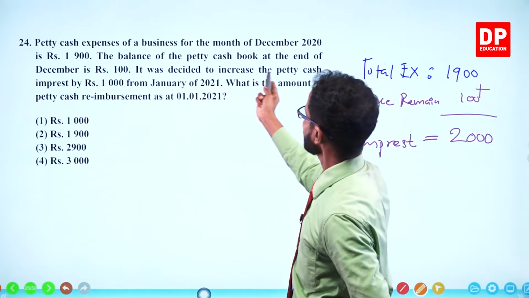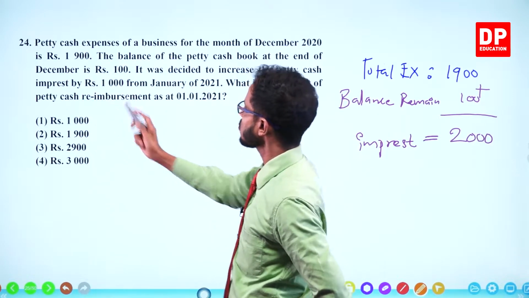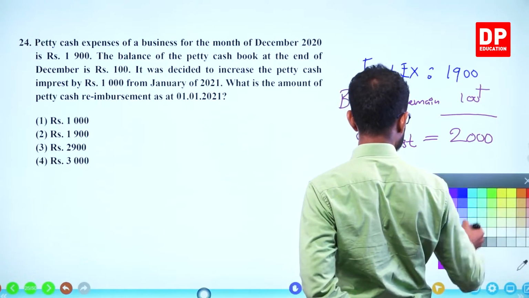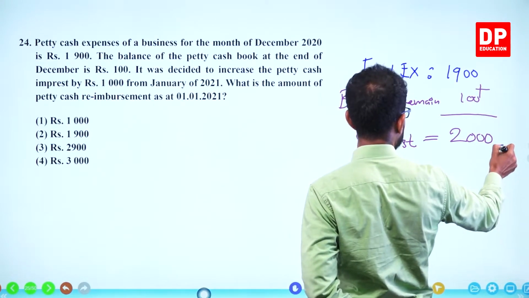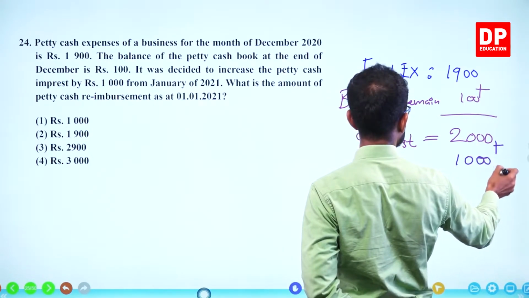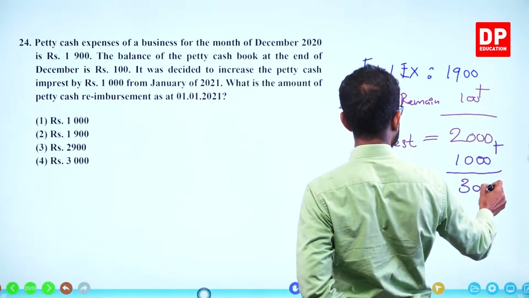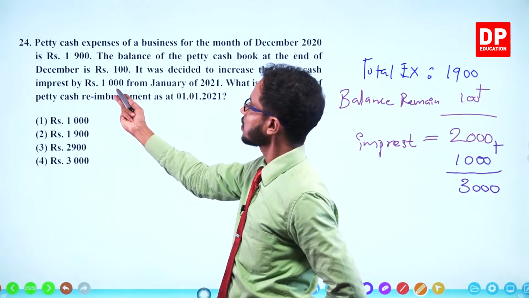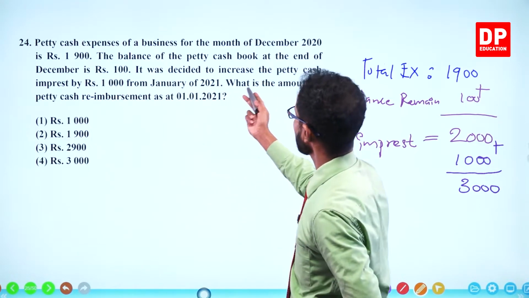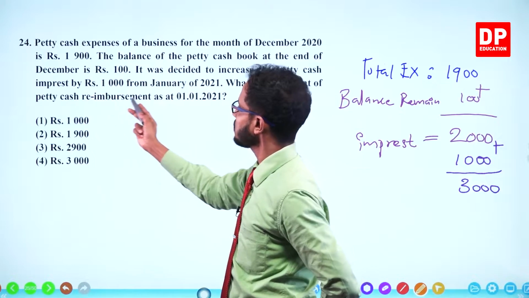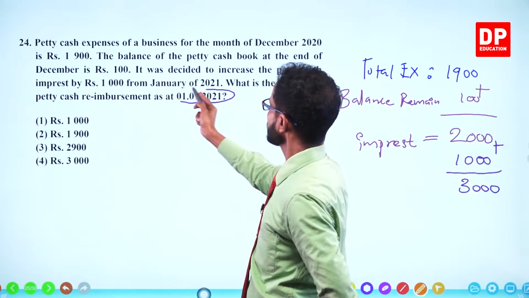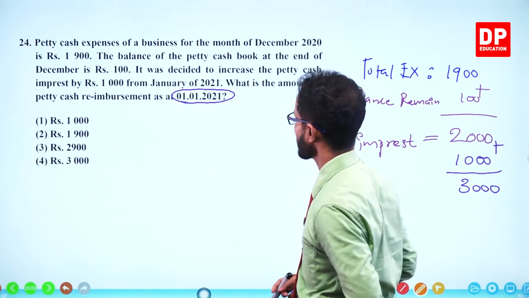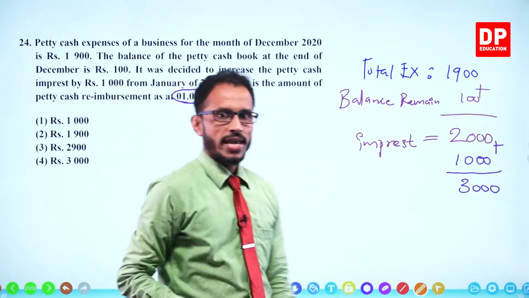It was decided to increase the petty cash imprest by 1,000. Then another 1,000 should be added here. Then the imprest becomes 3,000. 1,000 from January 2021. What is the amount of petty cash reimbursement at 1st January? Okay.